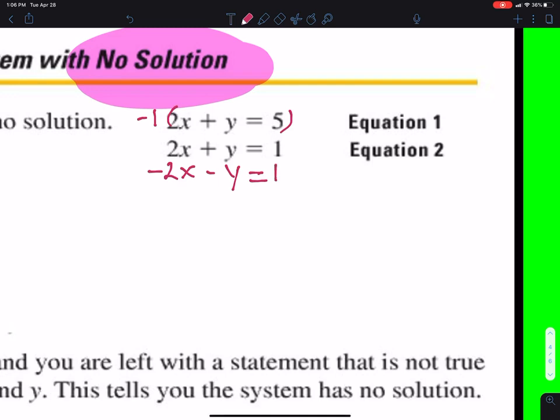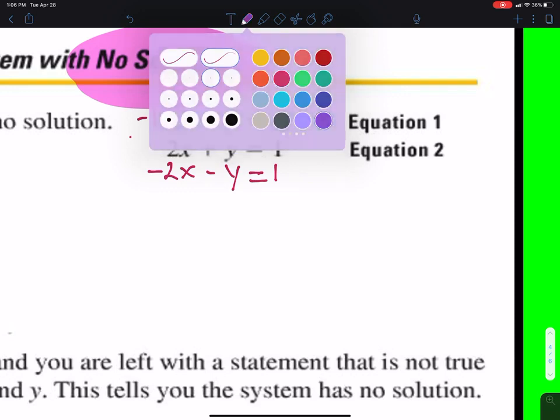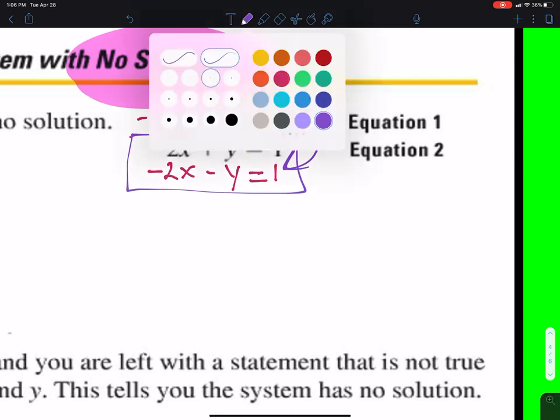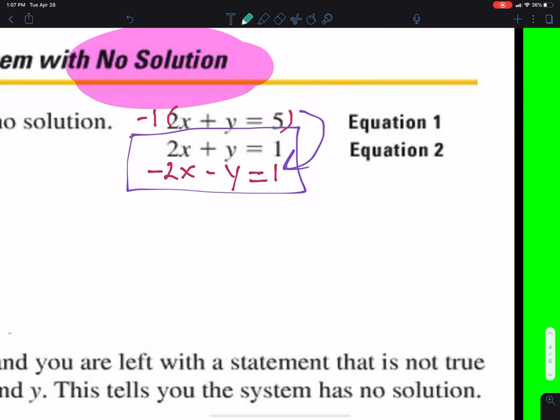Now we're kind of ignoring that top equation. We're going to use these two equations now because I moved this one right there. If we look, 2x minus 2x cancels out. Positive y minus y cancels out. So on this left side of the equal sign, we're left with 0. We don't have any other terms.